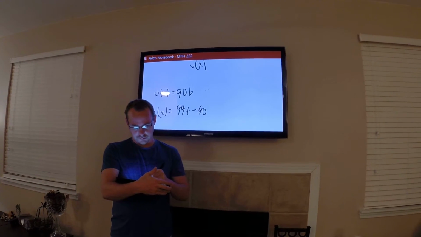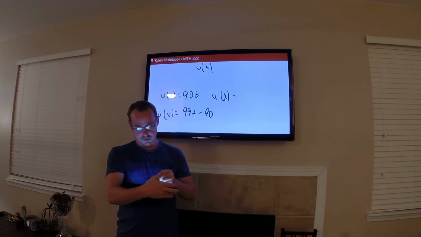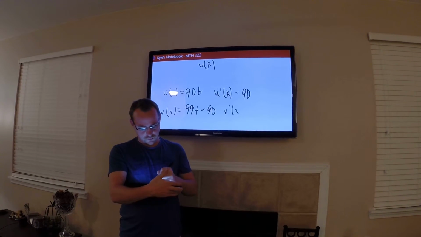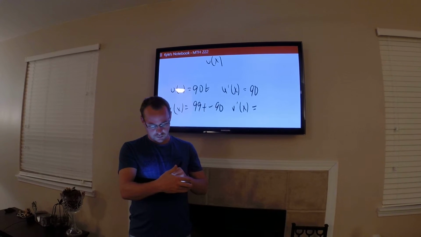We can do that here. The derivative of u, 90t, simply equals 90, and the derivative of v is 99.